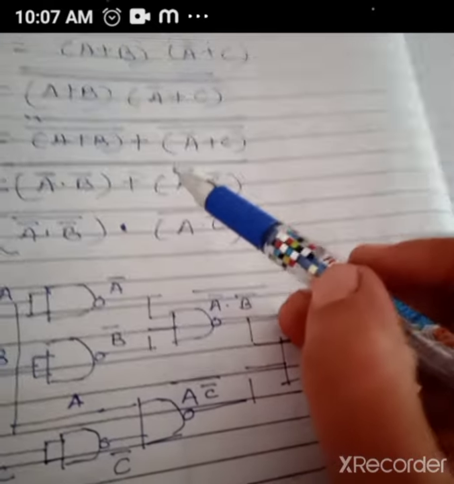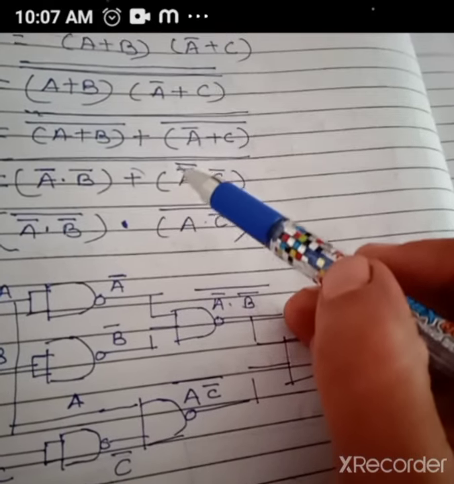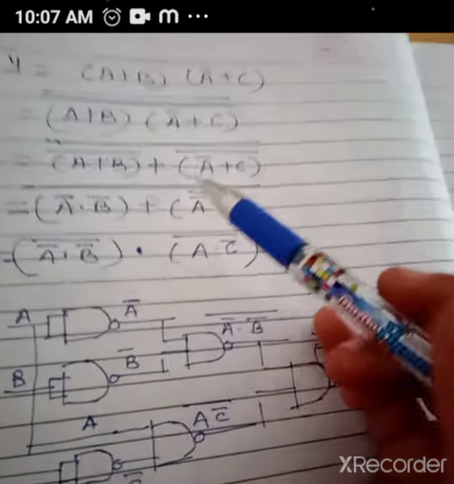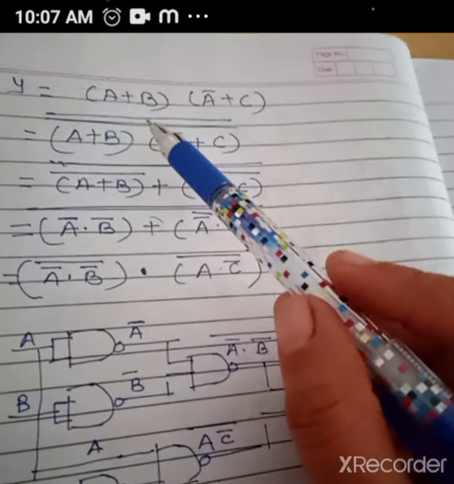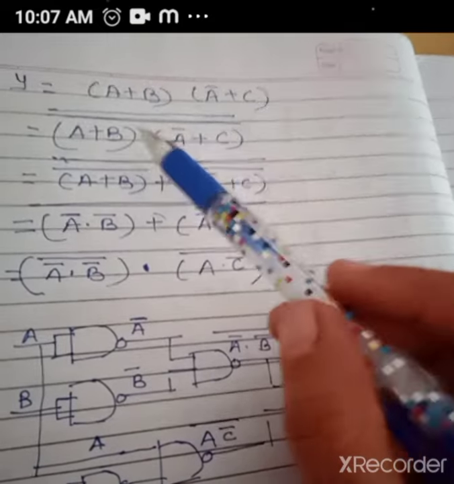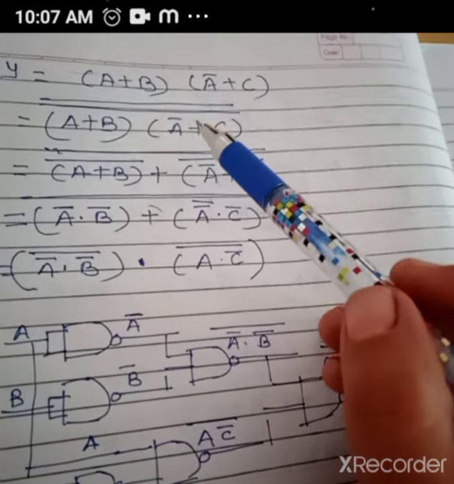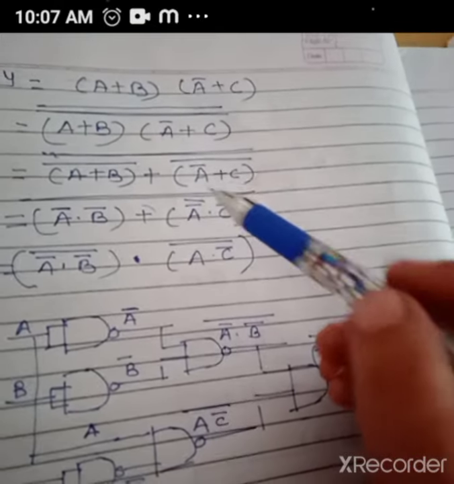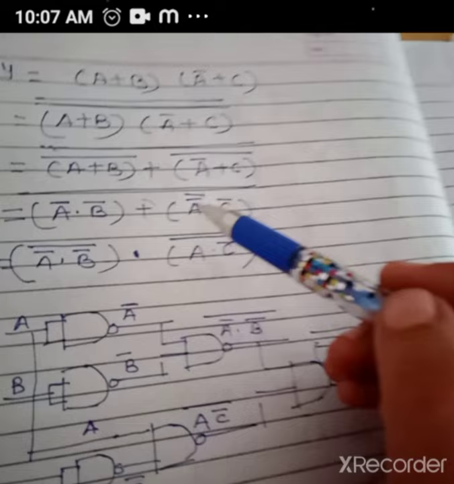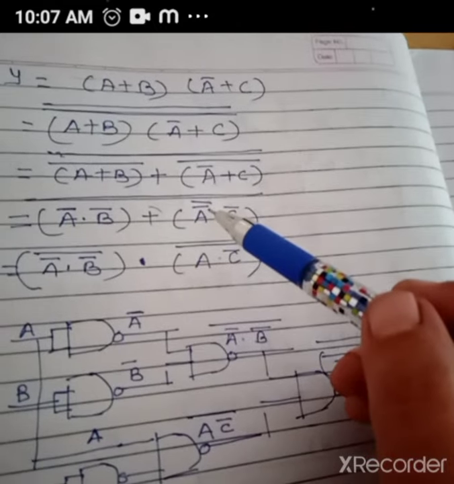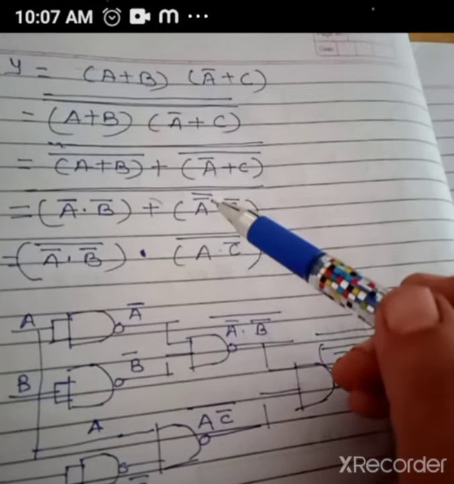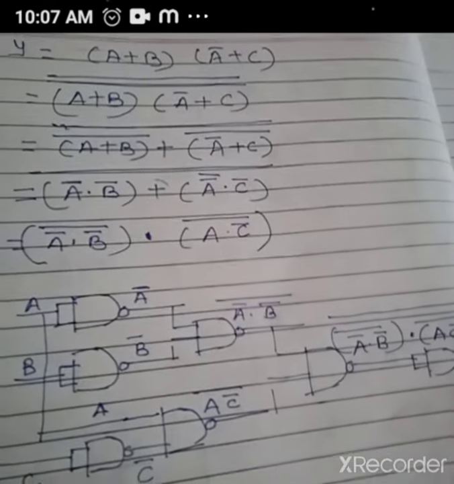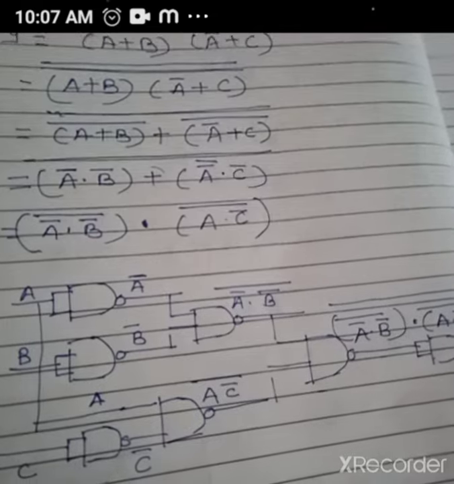So don't miss any complement or any bar. Keep watching carefully which bar we are going to separate, how this bar will separate, and which term and variable it goes on. It may already contain some bars, so by the inversion law try to remove them. Once you get the logic of how to apply De Morgan's theorem, it will be very easy to convert any equation into NAND or NOR logic.